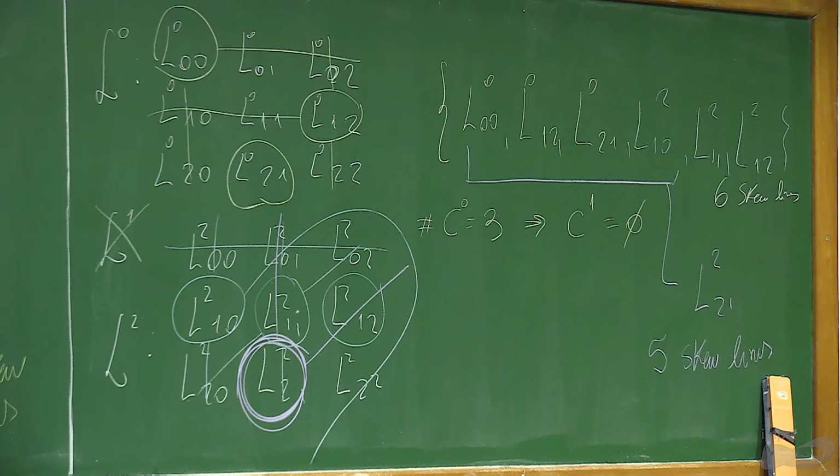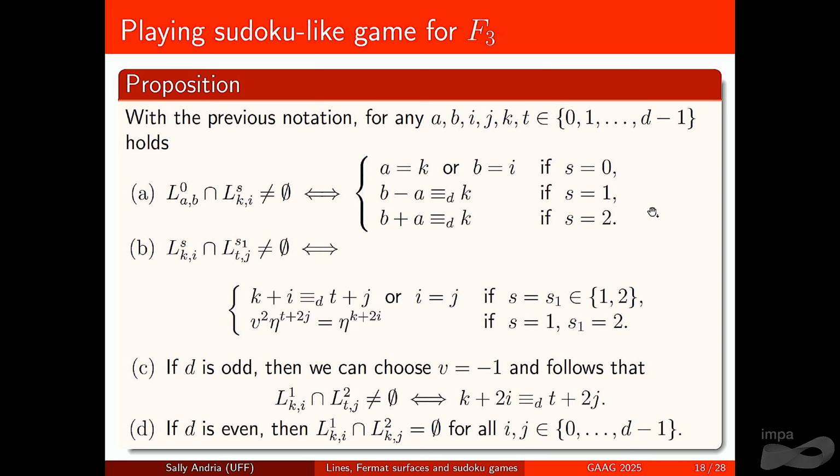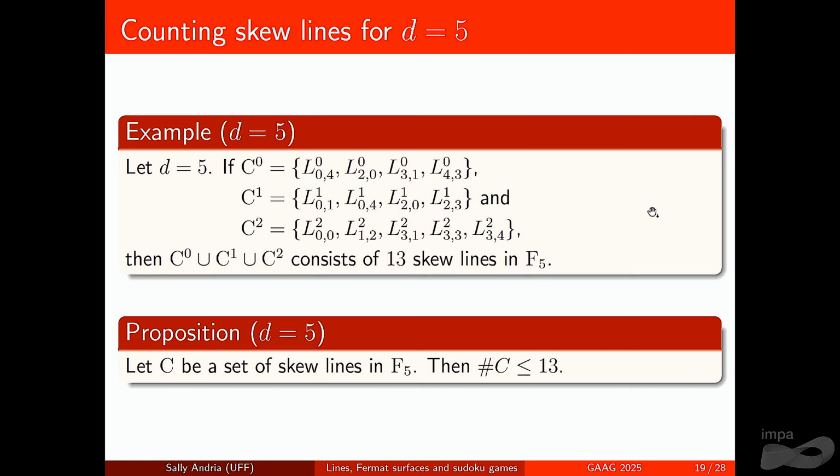In fact, we made this type of counting, trying to identify patterns and generalize them. But the degree D equal to 5 was the most complicated.